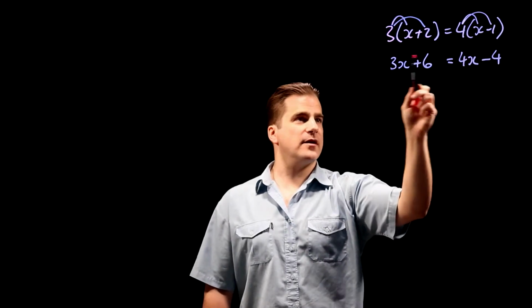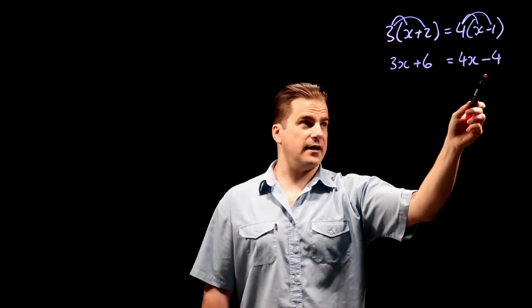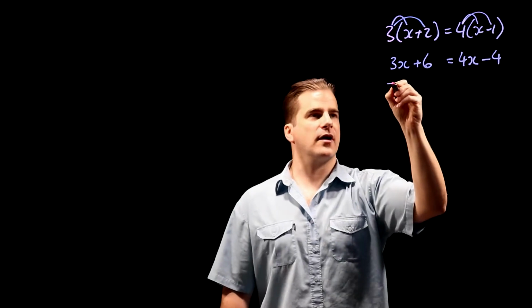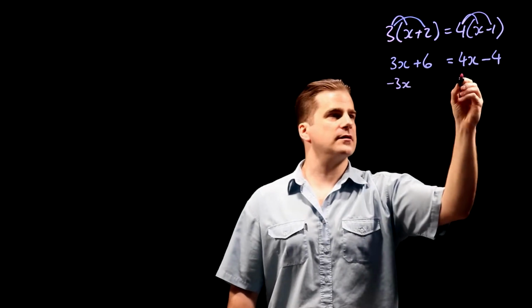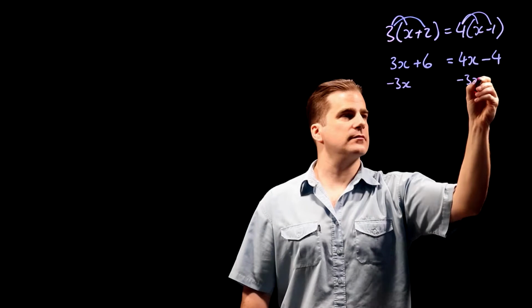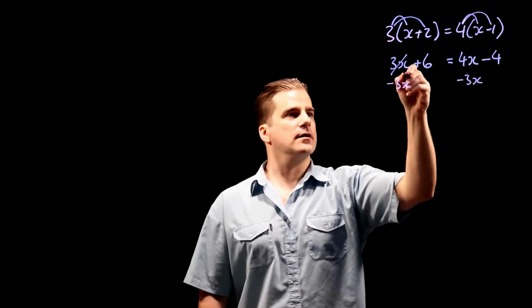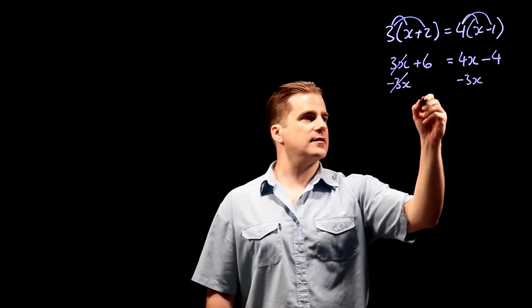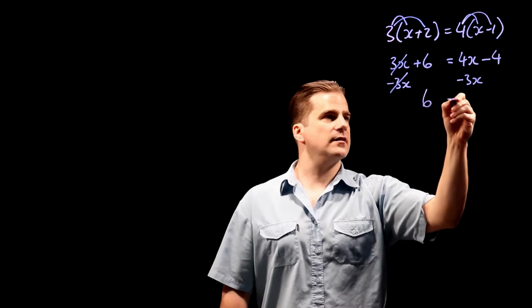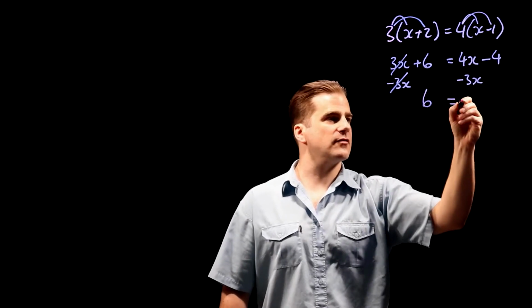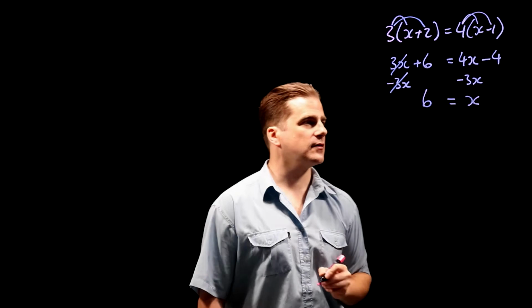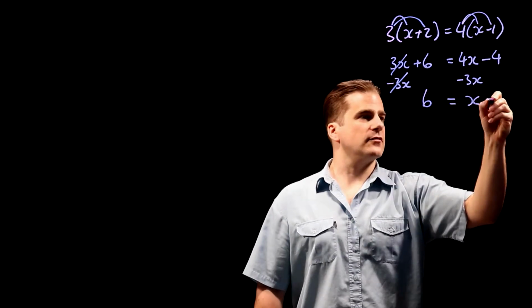This x term is bigger than that one, so let's get this one over there. So we'll subtract 3x from both sides. Okay, 3x minus 3x is 0, leaving just 6 on that side, equals 4x minus 3x is just 1x, and minus 4.